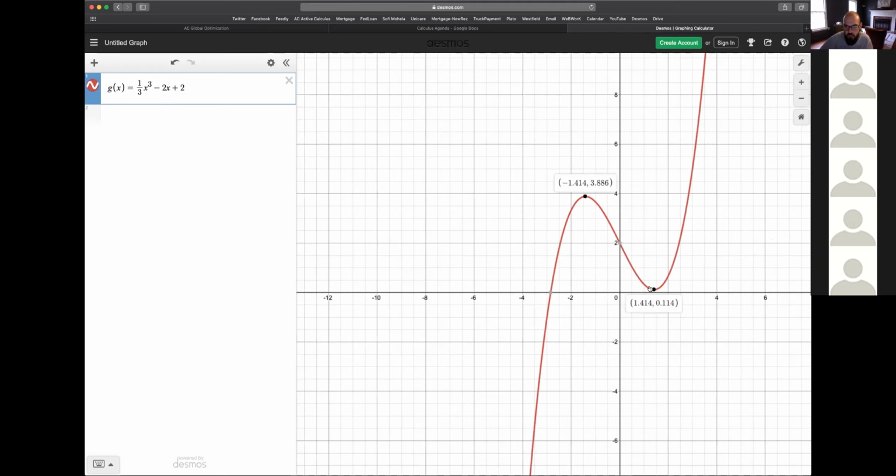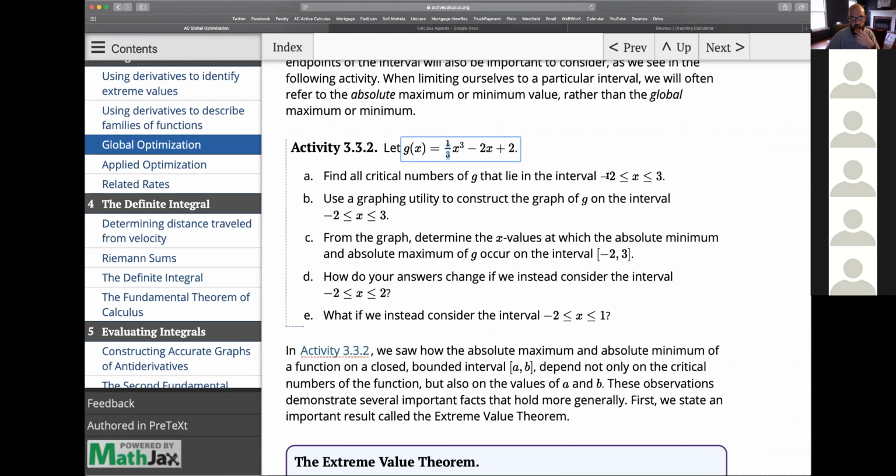These numbers right here, we should see that one of them is the positive square root of 2, one of them is the negative square root of 2. If I restrict to the interval that they were requesting, -2 to 3, my graph would look something like this.